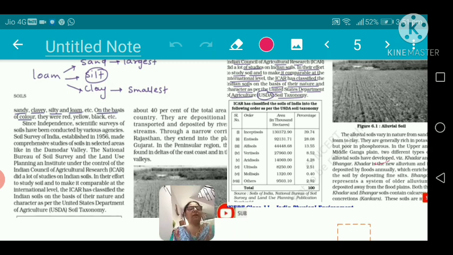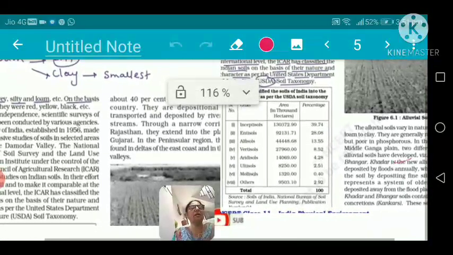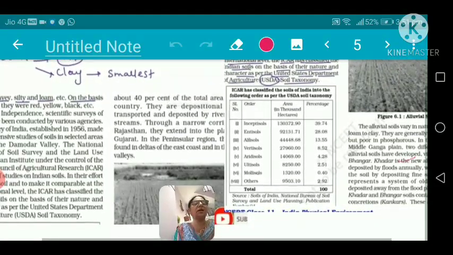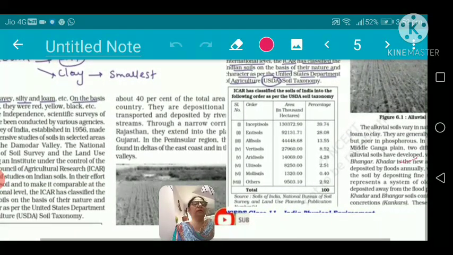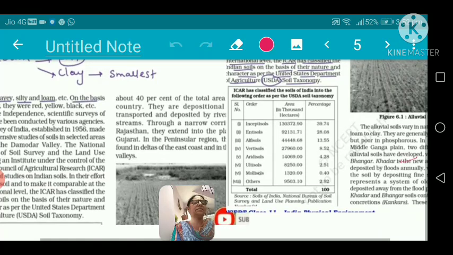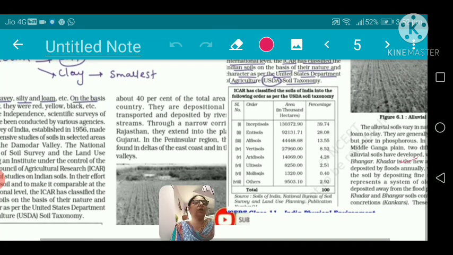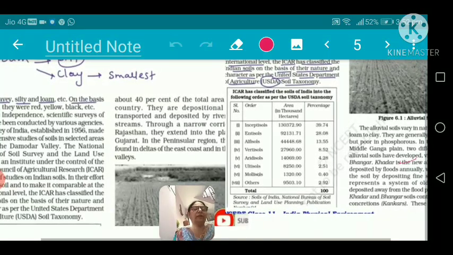And the different names of the soils given by the USDA are there in this table. ICAR classified soil in the following order to the USDA soil survey, right?